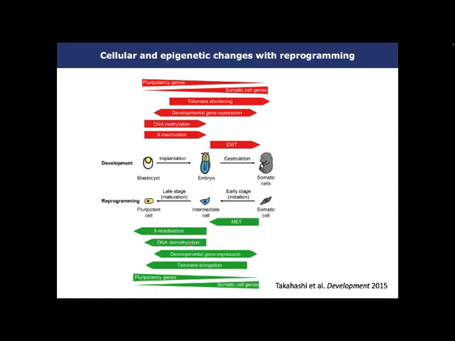The DNA methylation pattern is erased, developmental gene expression is reduced, telomeres are elongated, the differentiated cell-specific genes are reduced, and pluripotency genes are increased. These are the steps which resemble the reverse stream of normal development.